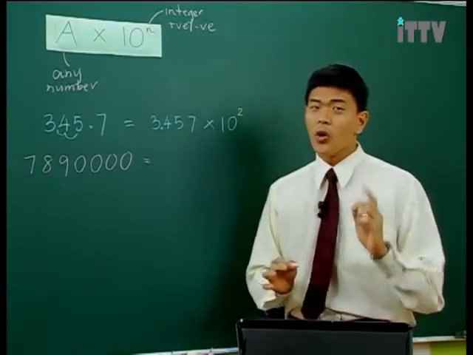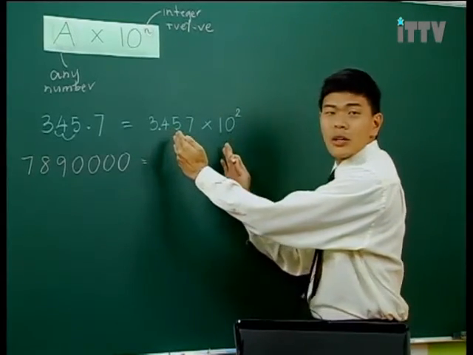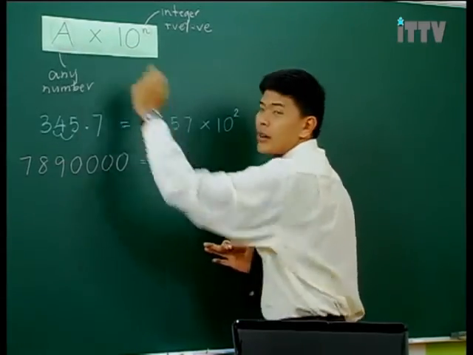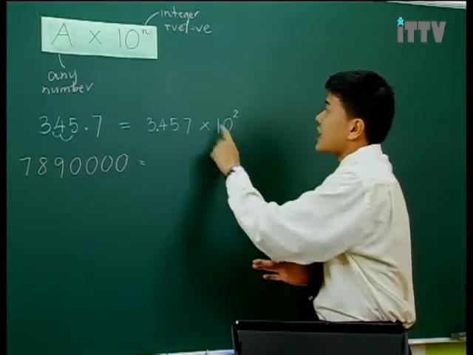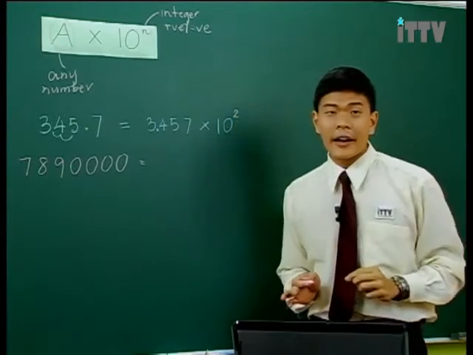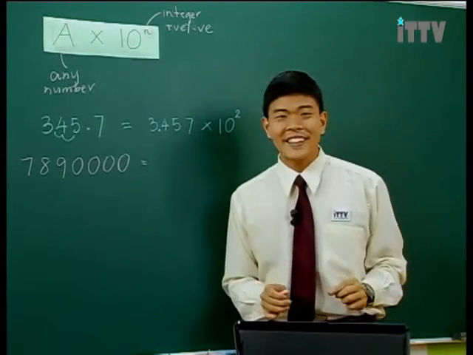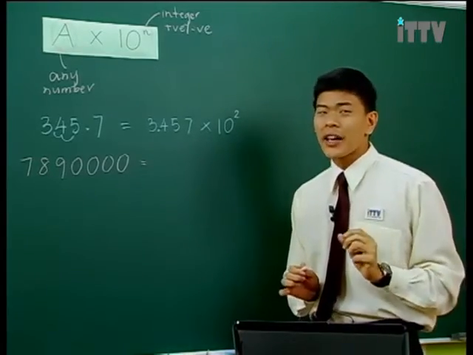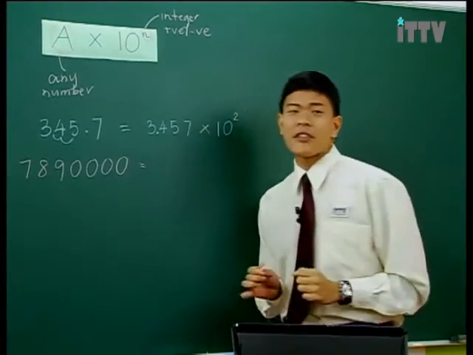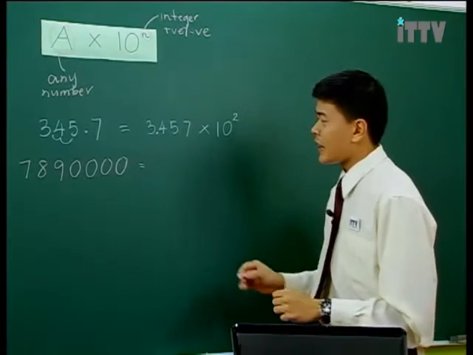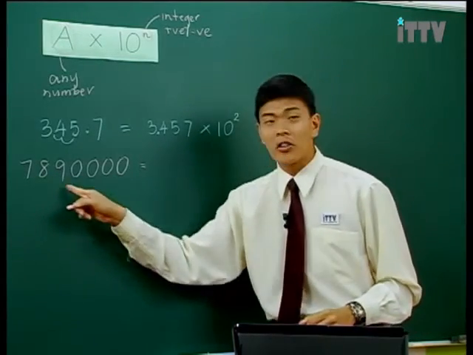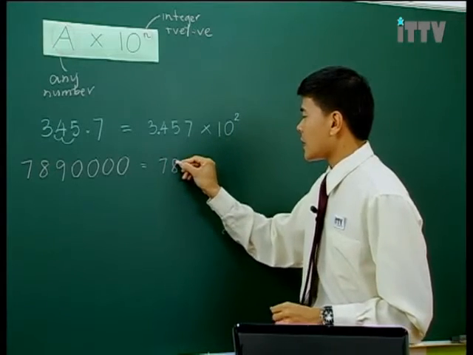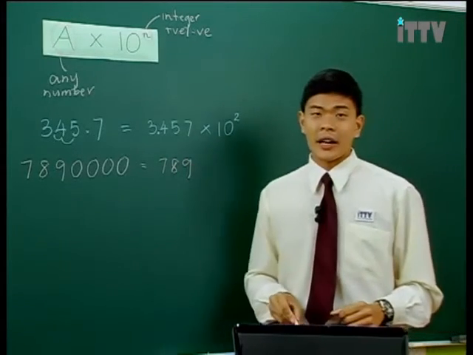First step, you must always separate it into 2 parts. First part is the A, and the second part is 10 to the power of an integer, which will be decided later on. Okay, now in step 2, write all the significant figures of that number. And there are 3 confirmed significant figures, which are 7, 8, 9.